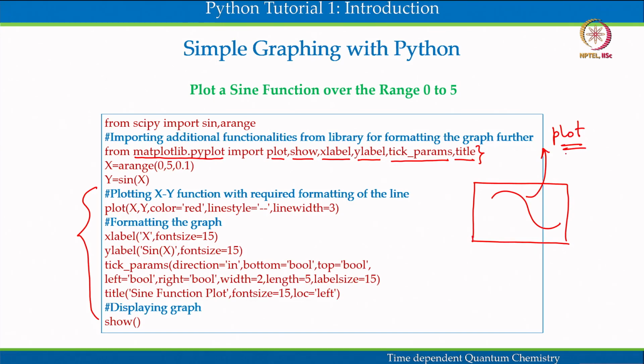What I am plotting, the curve, and for that I need x and y value. Previously we have given xy value, plot xy. This time we are going to specify the color of the plot, line style of the plot.